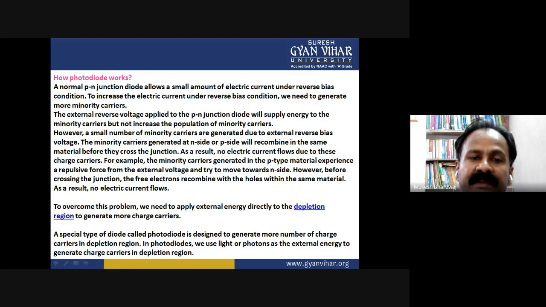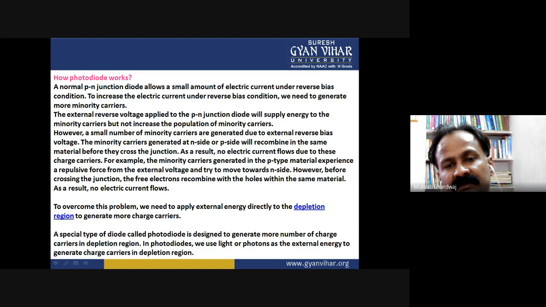The minority carriers generated at N side or P side will recombine in the same material before they cross the junction. As a result, no electric current flows due to these charge carriers.